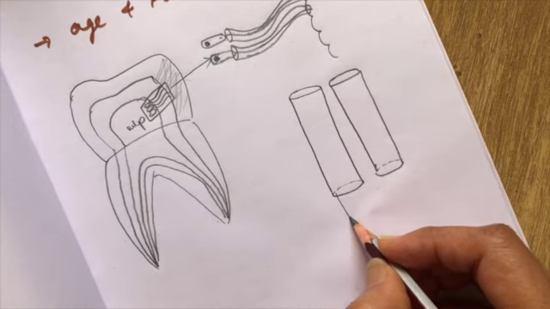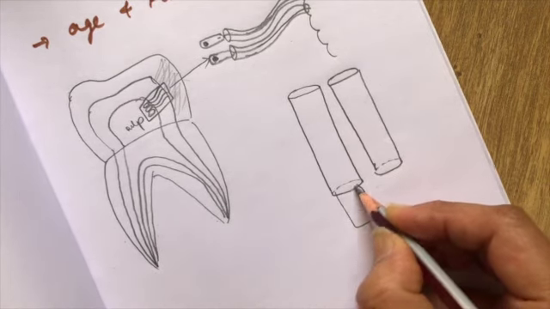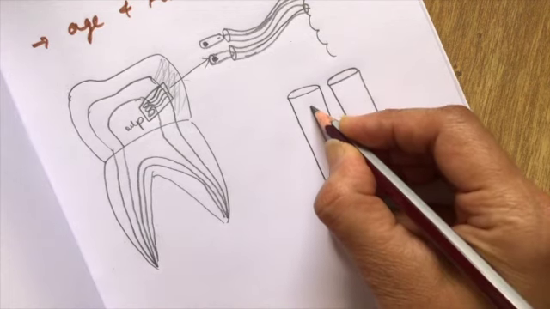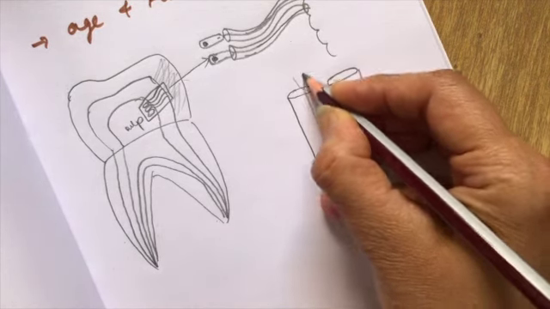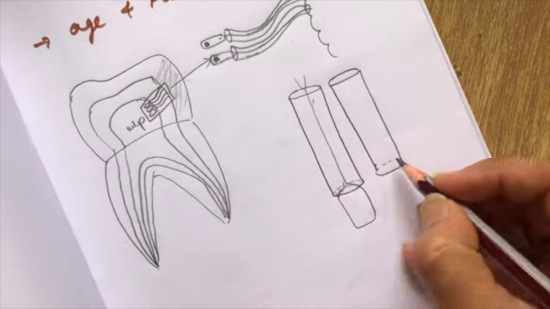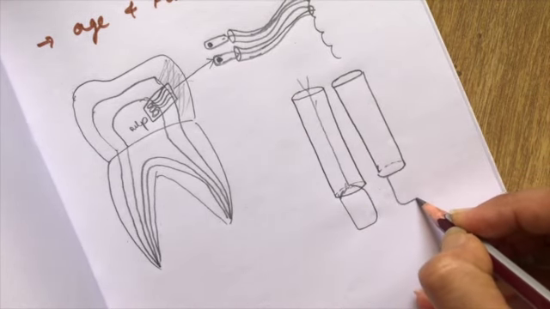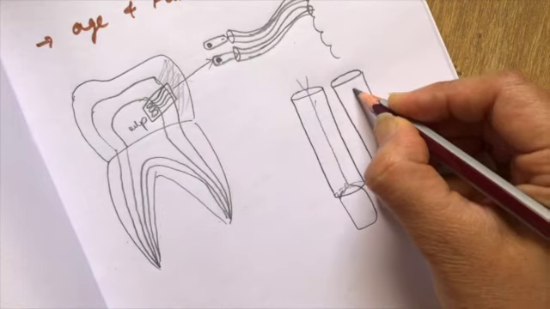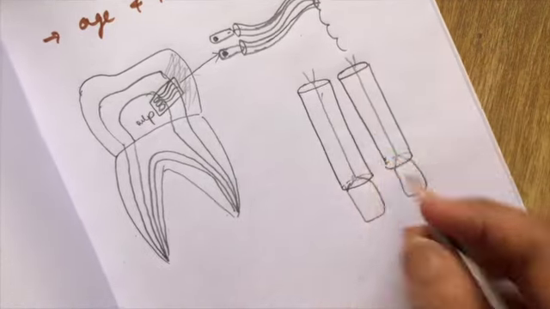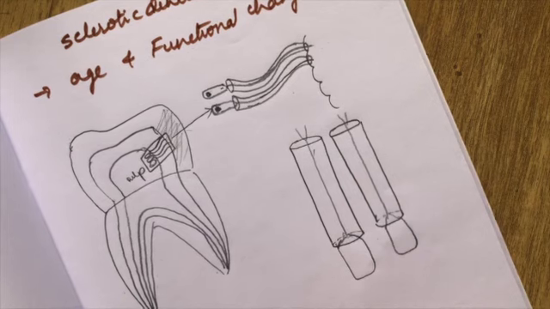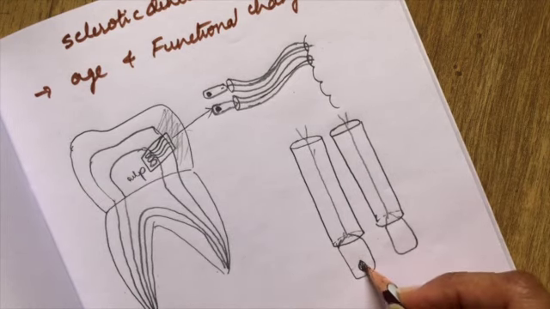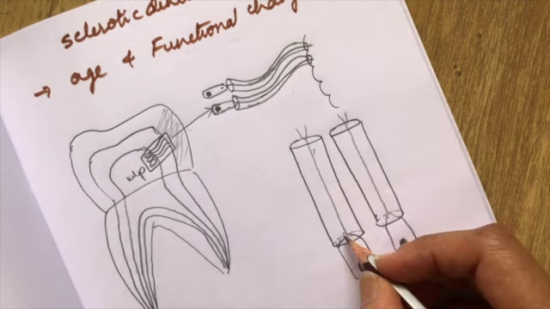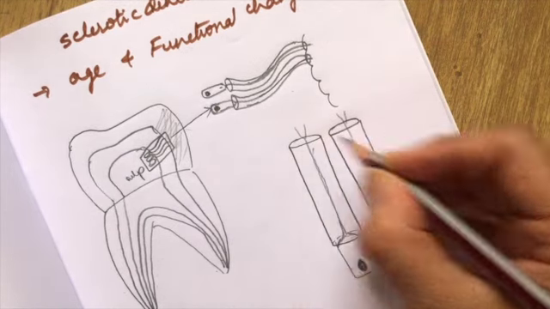And we draw the odontoblast sitting just beneath it, and the odontoblastic process running inside. It comes into the enamel with the Y-shaped branching. Similarly another odontoblast with its odontoblastic process. So basically here are the tubules with their odontoblasts. When they are healthy, they have these odontoblasts and the odontoblastic processes inside.